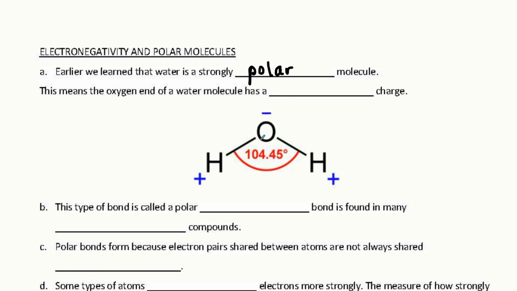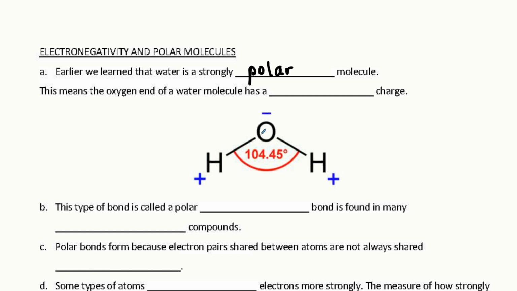So what happens is these are covalent bonds, and we know that covalent bonds share pairs of electrons, but the pairs of electrons aren't always equally shared, which means there are some atoms that have a stronger pull on those shared electron pairs.